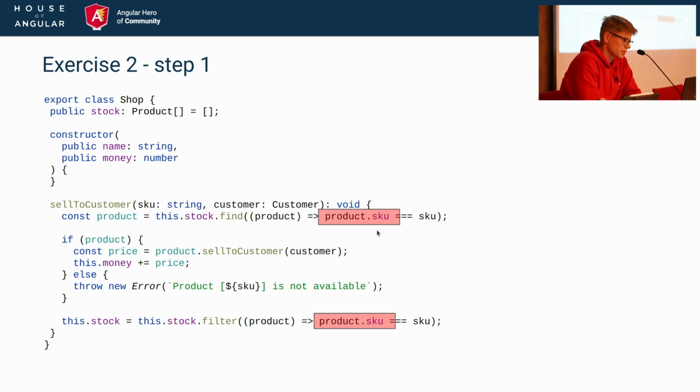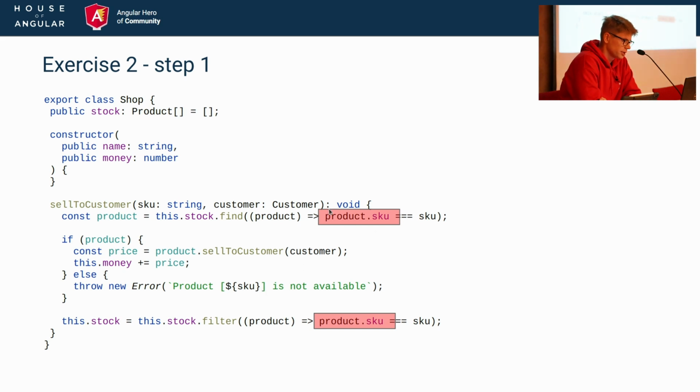So again, there is one more problem. We need the private property of the product, and we want to encapsulate that. I will show you how to do it. So let me explain the rest of the logic. When we have this product in the shop, we can buy it, but if we don't have it, we just throw an error that the product is not available.